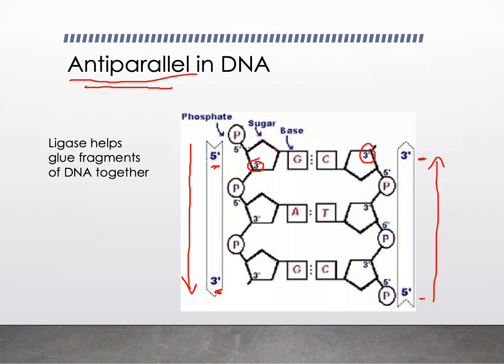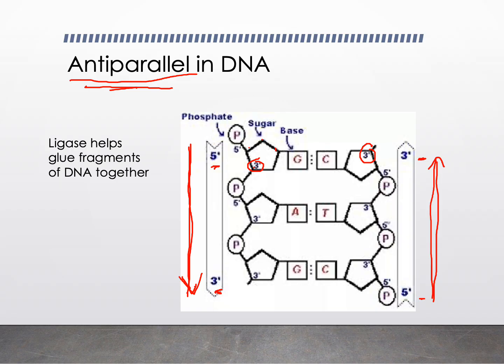Again, it has to do with numbering based on where the oxygen is located. You don't have to worry about that at this level, but what you do need to know is that the DNA polymerase is going to move from a 5' to a 3', and that's where we get the anti-parallel. One's going in one direction and the other goes in the opposite direction.